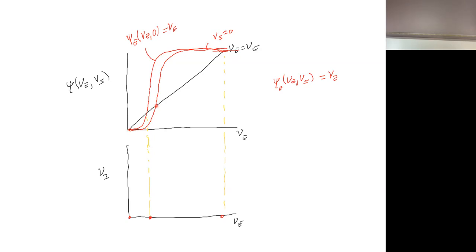This one has moved up, and this one has probably moved down a little bit. And so if this is 1 hertz, we have an equilibrium here, and here, and probably over here. Okay?